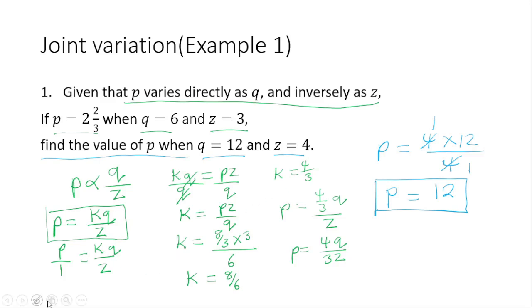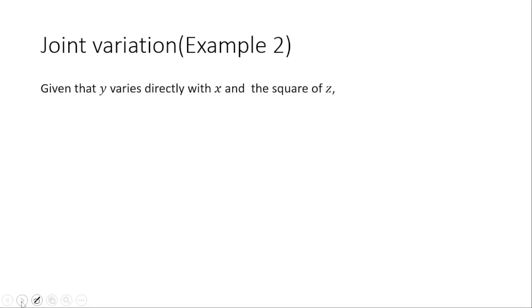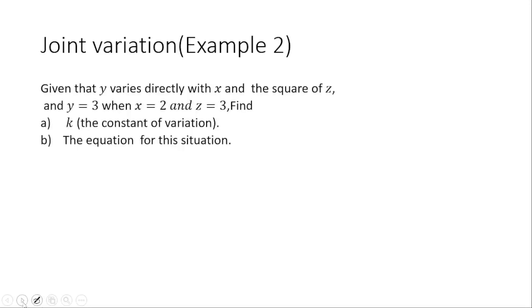We move to the next example. For the next example, we do like we have been doing previously. You are going to pause your video, work out this problem, then verify your answers with what I'm going to do.